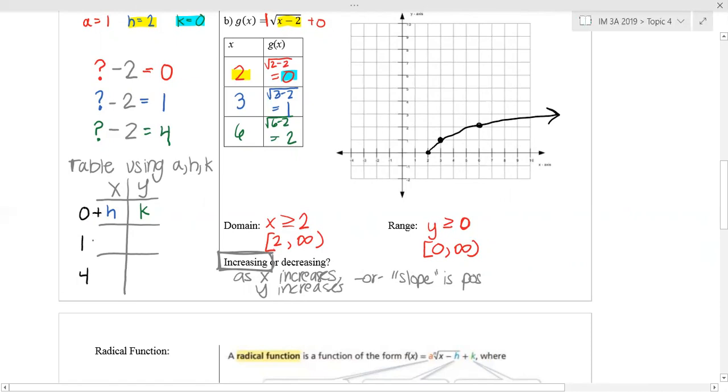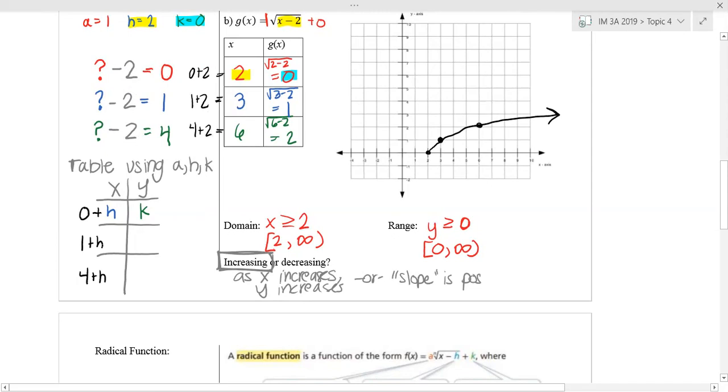The second value is always going to be 1 plus H, and the third value is always going to be 4 plus H. So again, 0 plus 2 is 2, 1 plus 2 is 3, and finally 4 plus 2 is 6. If you think about the expressions that we wrote with the question marks, all we would do is add 2 to both sides to get what the question marks are equal. And so that pattern's always going to be the case.